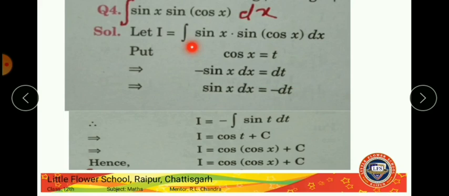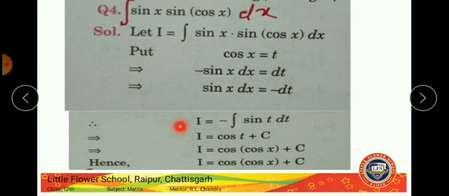Refer to this question. I is equal to the integral of sin x sin(cos x) dx. Here sin x dx is equal to minus dt.